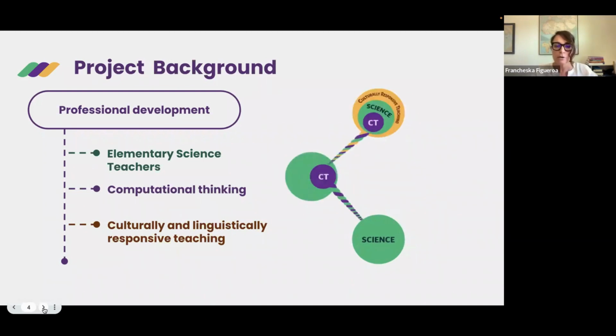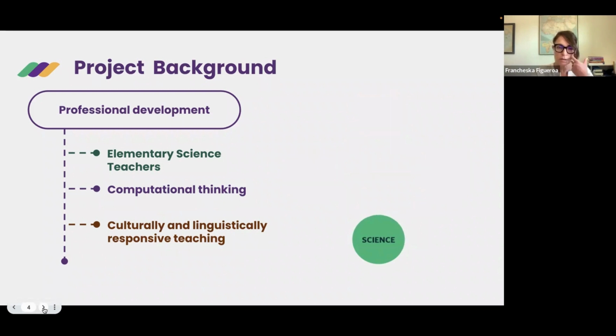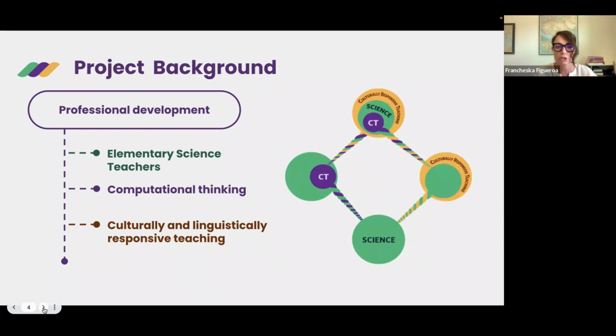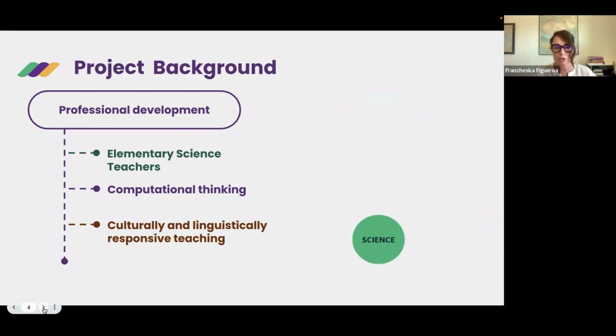So they can either, all teachers will start with elementary science because we have been working with teachers from grades 1 through 5, and they can either integrate computational thinking and from there integrate culturally and linguistically responsive teaching, or they can start with culturally and linguistically responsive teaching and then integrate computational thinking.